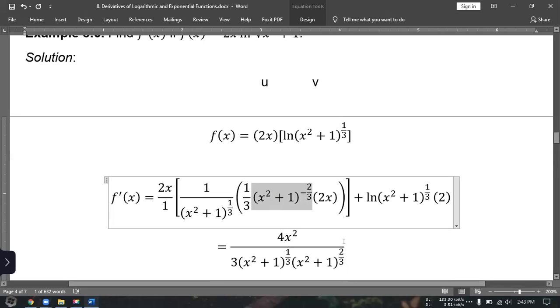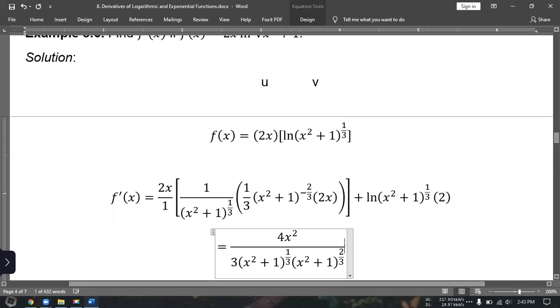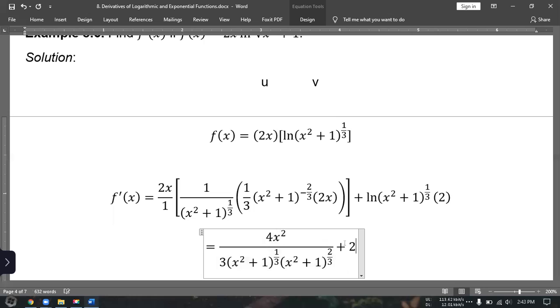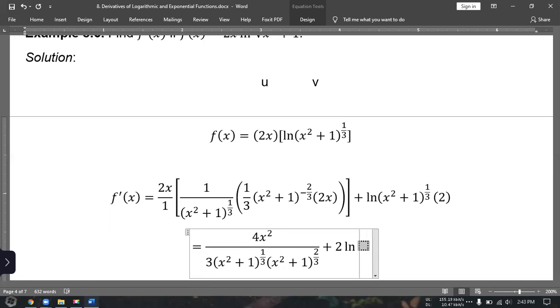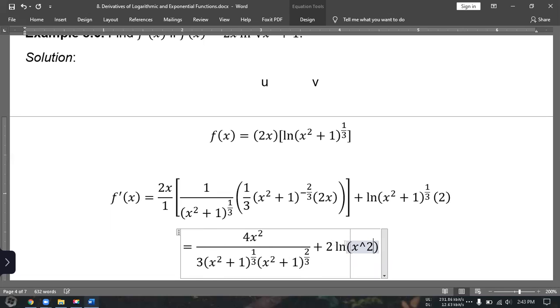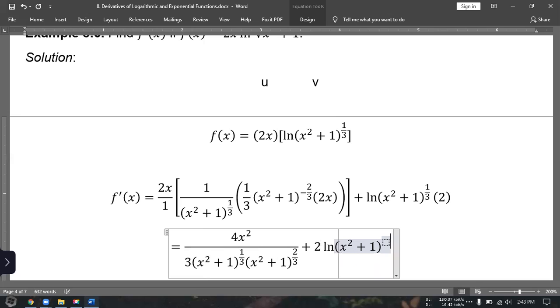And plus 2 natural logarithm of x squared plus 1 raised to 1. And then simplify.